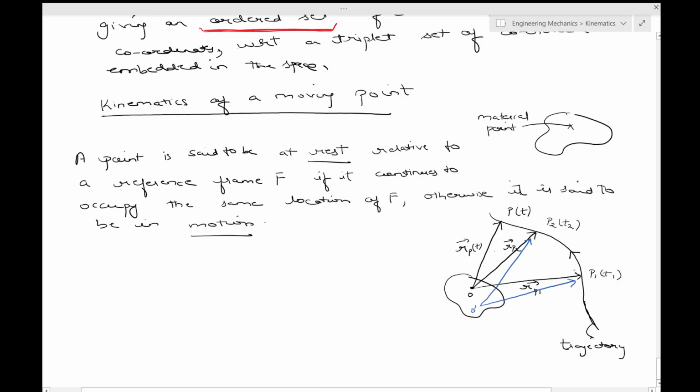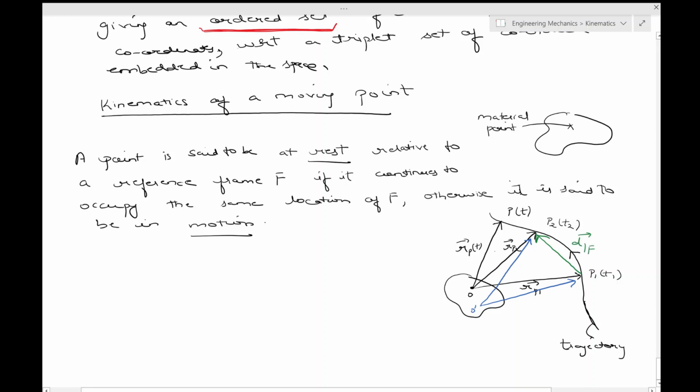Sorry, this is the RD vector, the displacement vector with respect to the frame F.